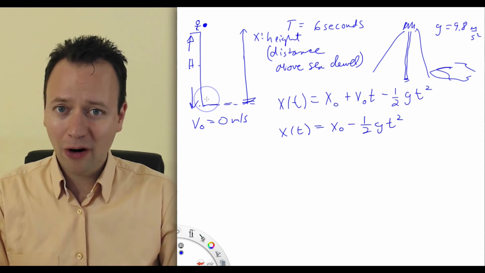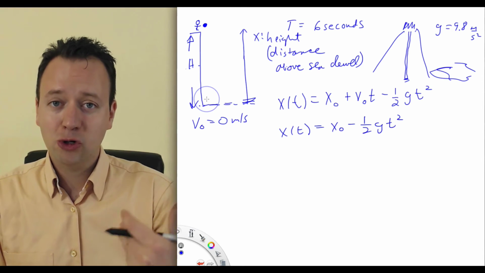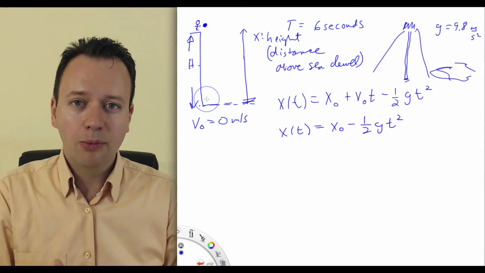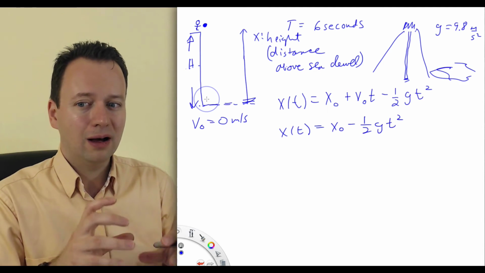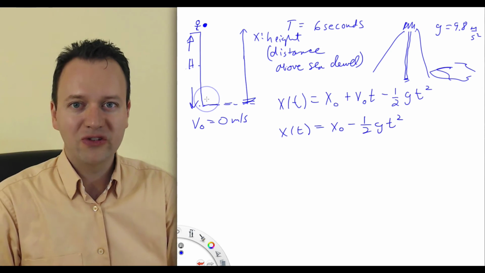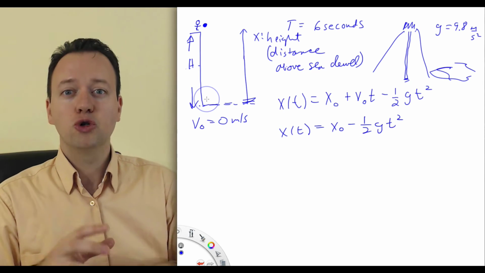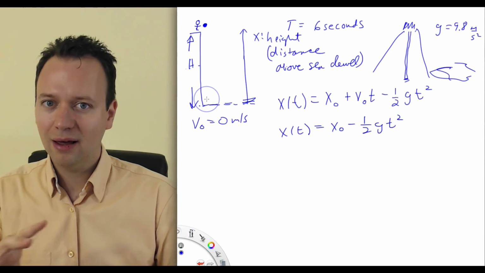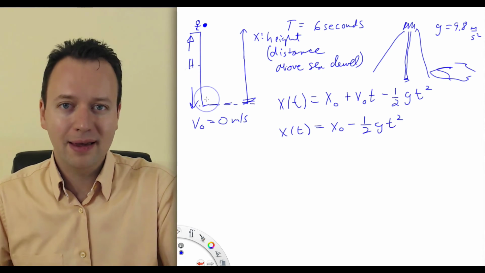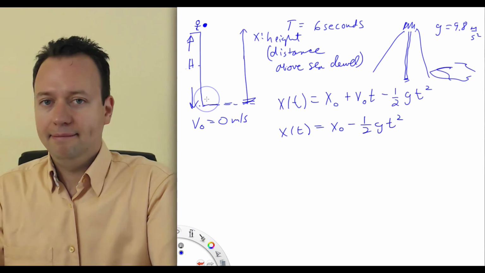So t is the variable, because this is a function of time, and the position is varying with time. A parameter is basically an unknown constant. You use a symbol to represent some unknown constant, but you treat it like a number, not like a variable. Maybe the height is 100 meters, and that's just what it is.